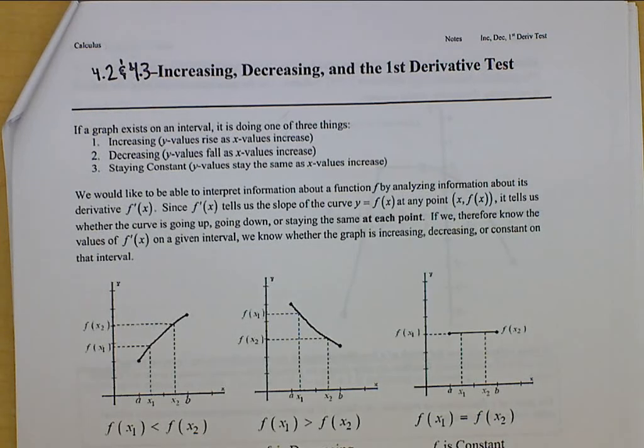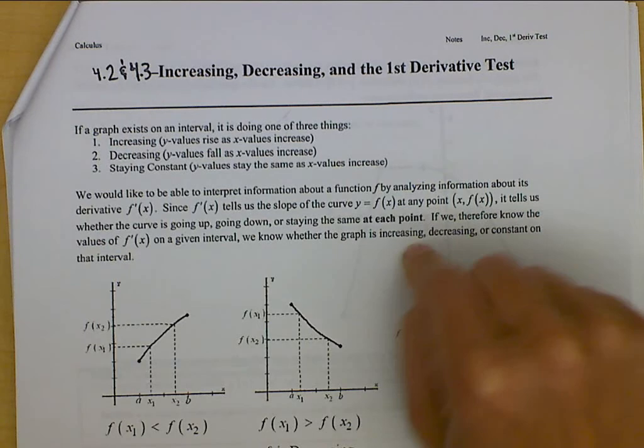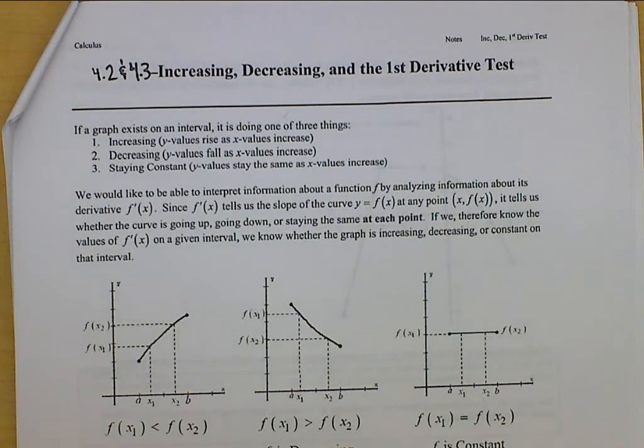So in previous units, we've been able to find global or absolute extrema, like the biggest maximum or the biggest minimum, but we'll be able to find the local maximum and minimum using this.